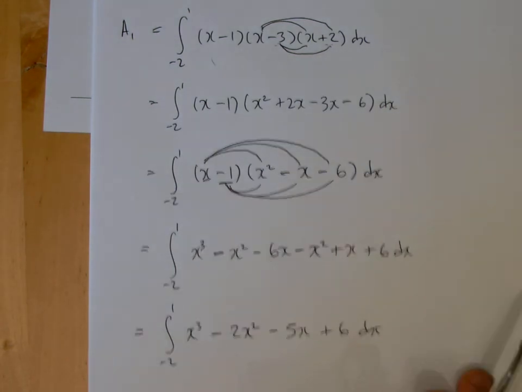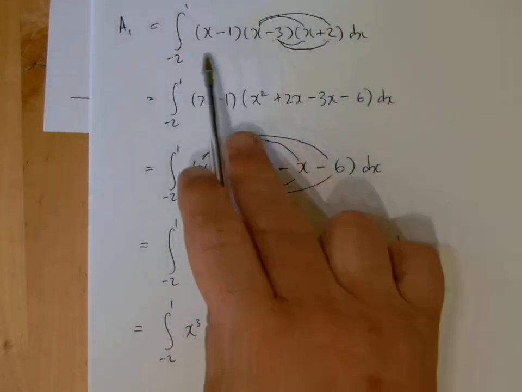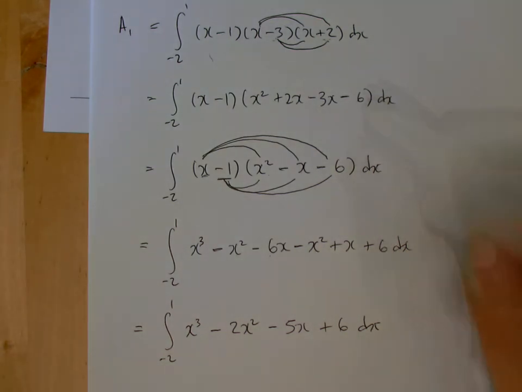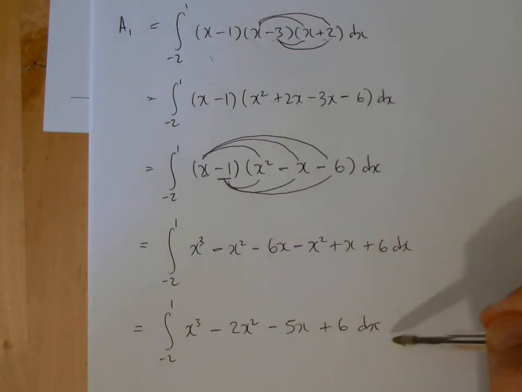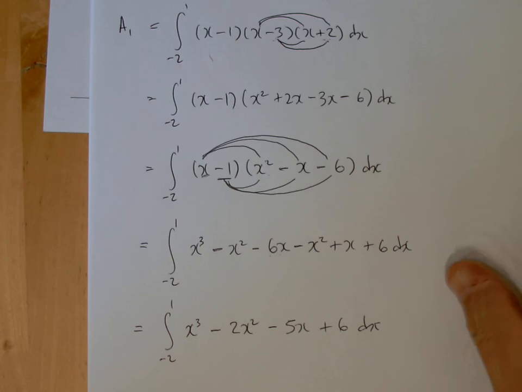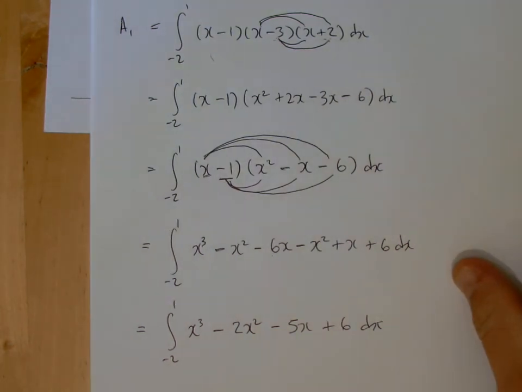That's the actual equation of the curve when you've expanded the brackets. Quite a bit of work involved, but that's what's needed, because we have to get it into this form in order to integrate it. So I'll pause the video now, and in the next video we'll look at how to integrate this, how to deal with A2, and then how to find the total area of the two regions.